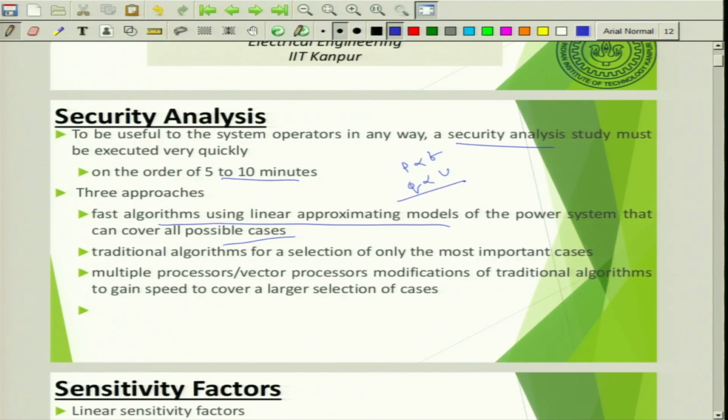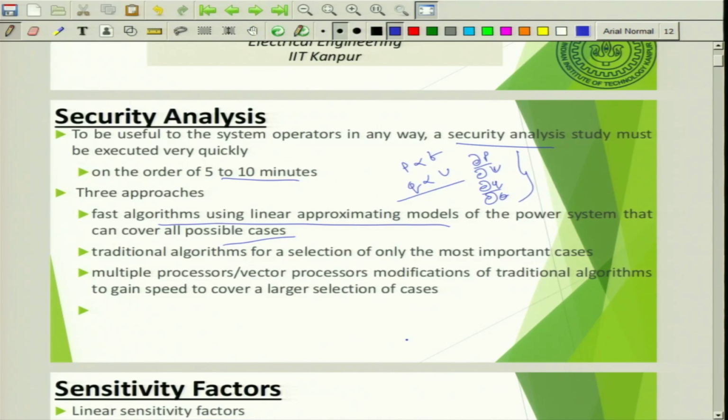We ignore the sensitivity delta P divided by delta V, that means change in active power with respect to change in voltage, and delta Q by delta theta, we just ignore them, right? So this is one of the techniques that we use to compute fast.